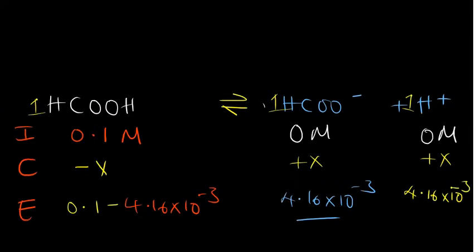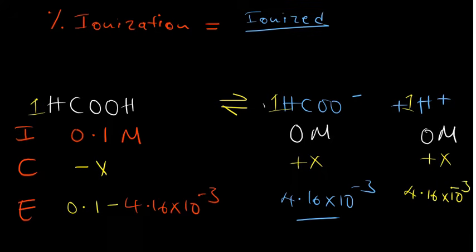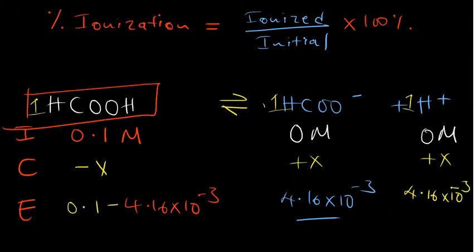Okay, so we'll use this example to explain what percent ionization is. So percent ionization is just, as it tells, looking at how much has been ionized over what you had initially, or original in other terms. So what has been ionized out of the initial, the total, multiplied by 100. So in this case, since we had an acid there at start, the initial concentration was given in the question.